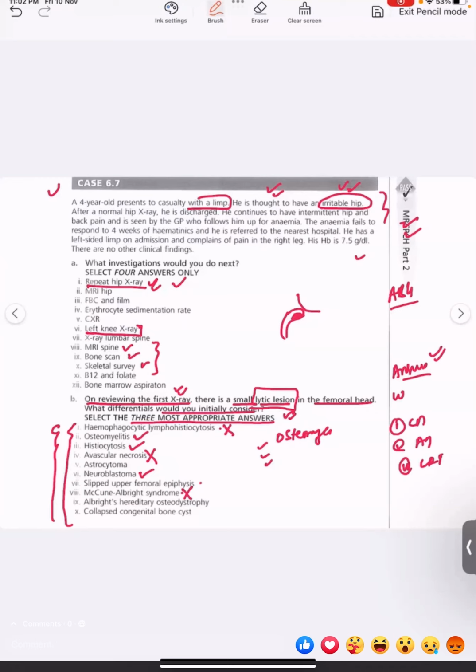If you choose ABGs, that would be wrong. Why? They have already done the ABGs. So try to concentrate on the question and what they are asking you. In the options Ewing sarcoma is not there, so you will not say this one. So remember, osteolytic lesions: osteomyelitis, histiocytosis, and neuroblastoma.